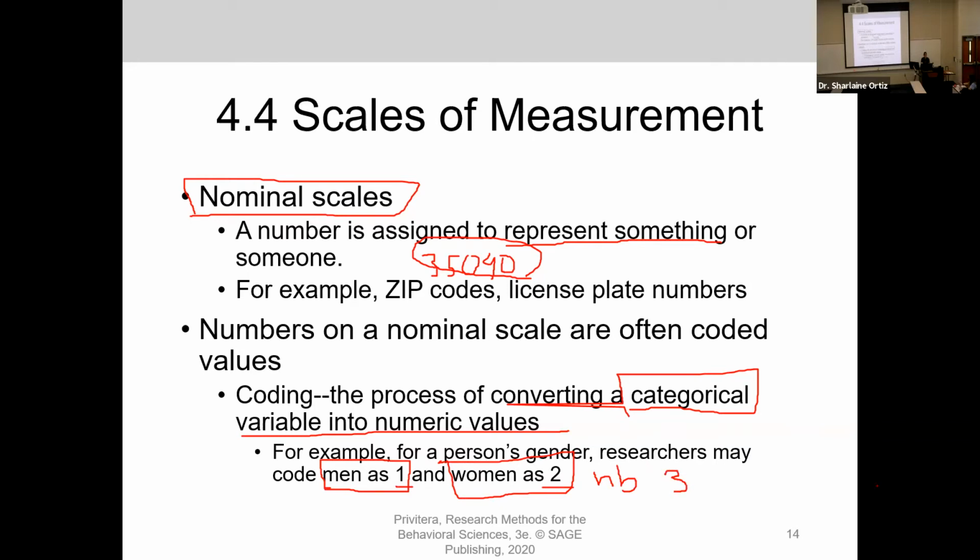That number doesn't tell me anything else. It just simply tells me a representation. So 1 represents men, 2 represents women, and 3 would represent non-binary. Notice it's not telling me if 1 is greater than 2 or 2 is greater than 3 or if 1 came first. It doesn't tell me any of that other than the category that they intend to represent. Okay.